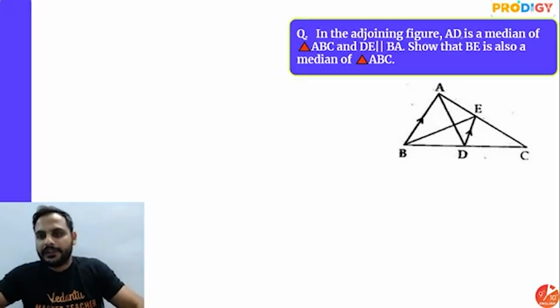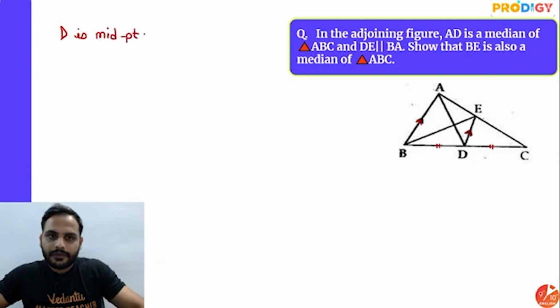Now in the adjoining figure AD is a median, that means D is the midpoint, and DE is parallel to AB, as shown over here. Show that BE is also a median of triangle ABC. How easy it is. Look, we know that D is the midpoint of BC and DE is parallel to AB.